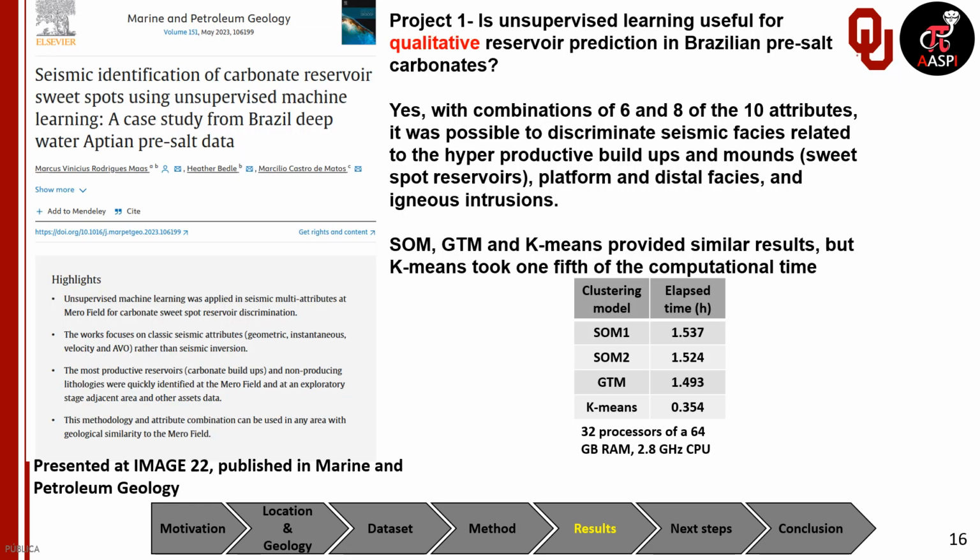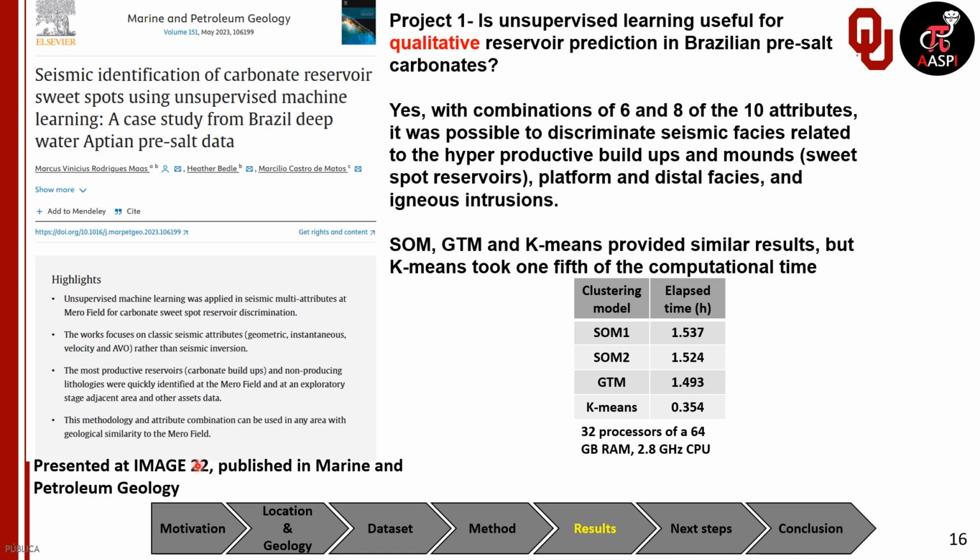Okay. So this work was published in Marine and Petroleum Geology. We presented it at the IMAGE conference as well, and we presented it at the AAPG conference. So it's widely published for the academic community.